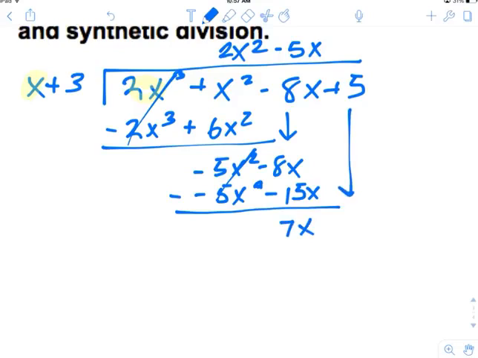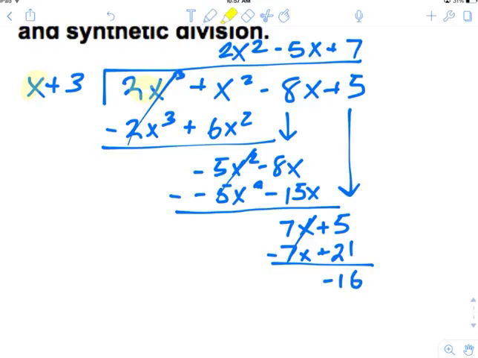Bring down my last term, plus 5. Divide 7x by x is positive 7. Multiply 7 times x is 7x. 7 times 3 is plus 21. Do my subtraction. So I get negative 16 as my remainder. And my solution is 2x squared minus 5x plus 7.